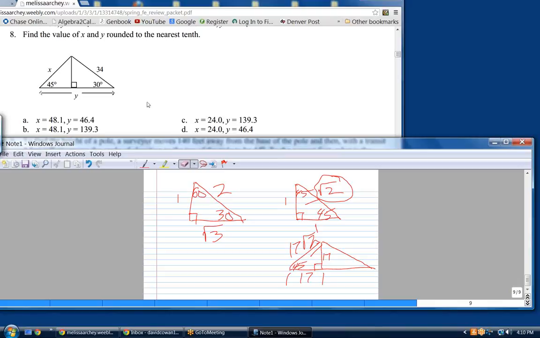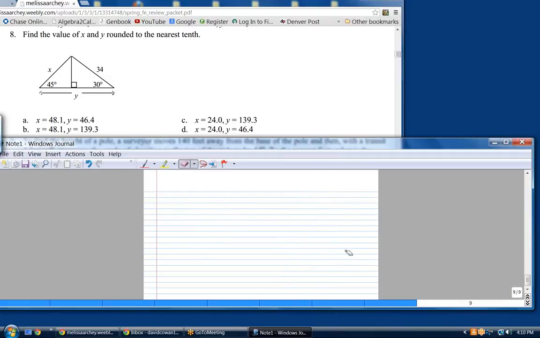You can only use similar triangles. How can you not use the Pythagorean theorem for this question? Okay, tell me what I would say. Well, because wouldn't it be, since there's 17 on the 45-45 triangle, wouldn't you do square root of 17? Okay, you can use it to solve that one.